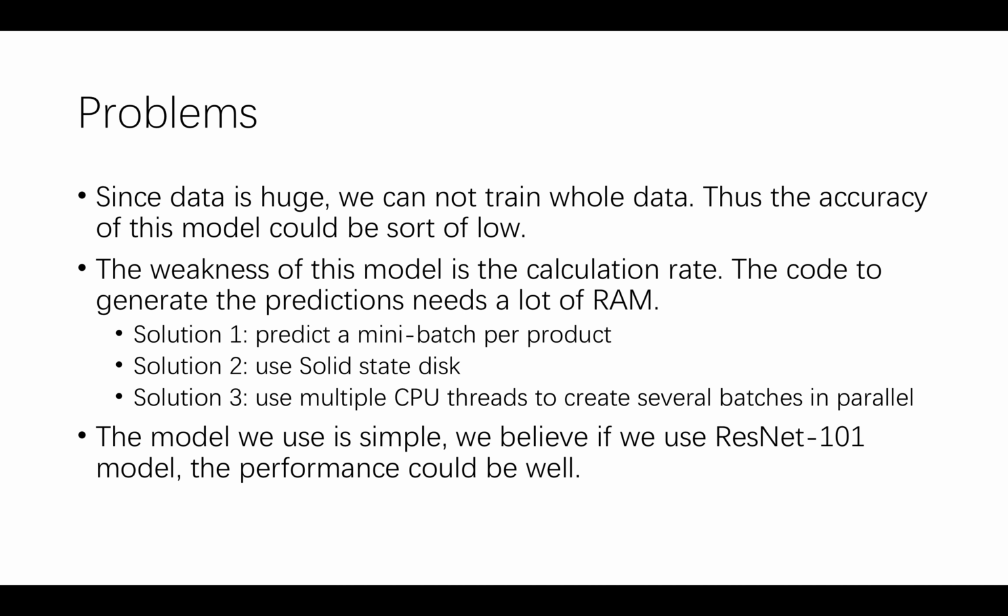The third solution is we can use multiple CPU threads to create several batches in parallel, which means we can train together and use the CPU. Another problem is that our model is simple, and we think we can use the ResNet 101 model to train next time.